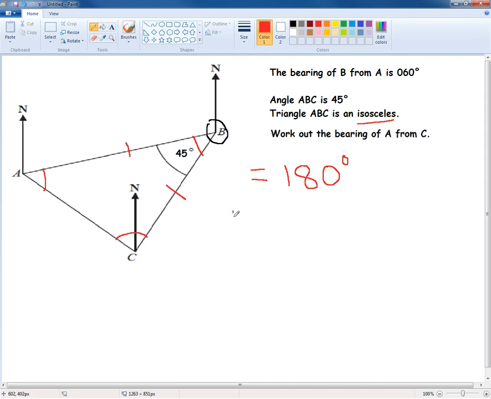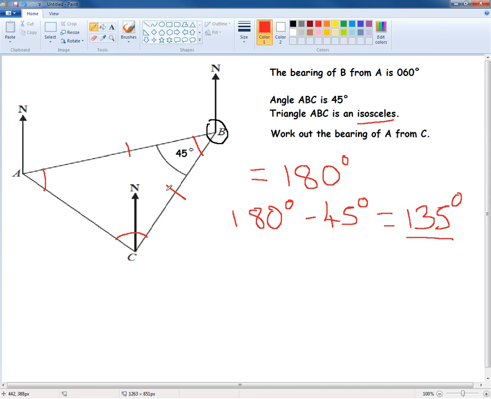What we can do is take our 180 degrees and take away what we know, take away the 45 degrees, giving us a remainder of 135 degrees. So the sum of these two angles here will equal 135 degrees.